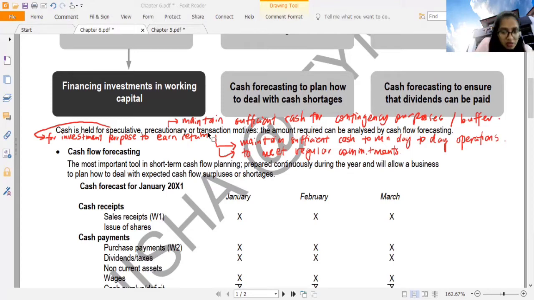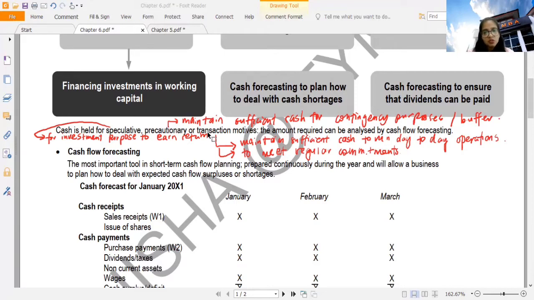That is where you learn the next two elements: number one, the cash flow forecast, and number two, cash management models.